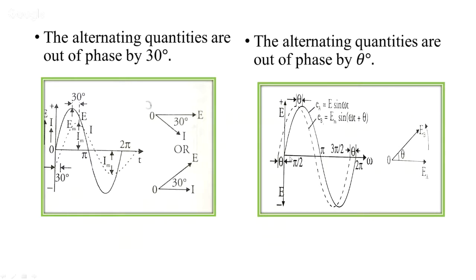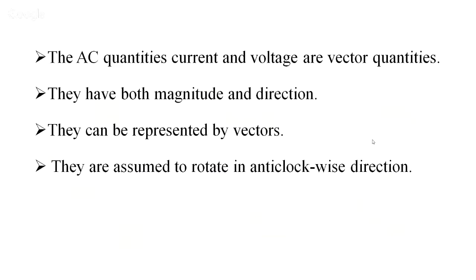Now in this figure you can see again a voltage wave and a current wave, whereas the current here is leading the voltage. That is, it has already started and already reached the peak, whereas the voltage is yet to reach the peak. So there is an angle theta difference between the two waves here.